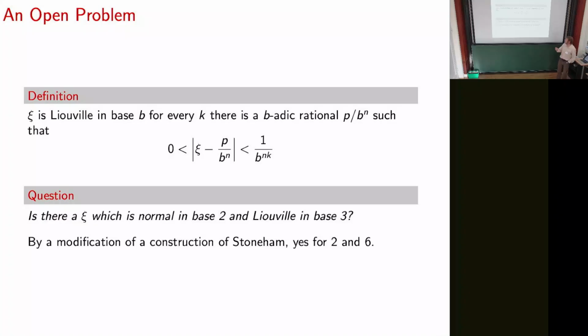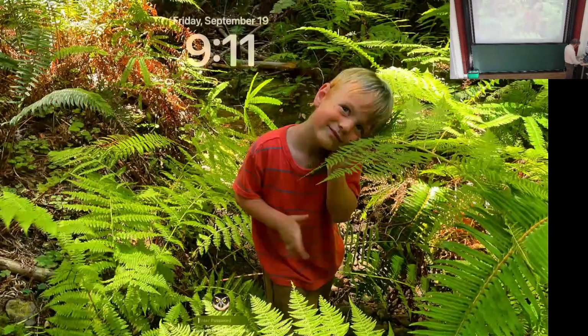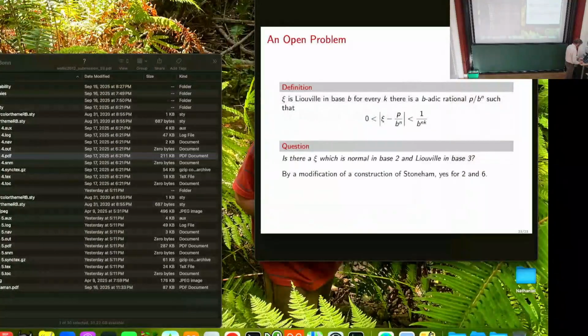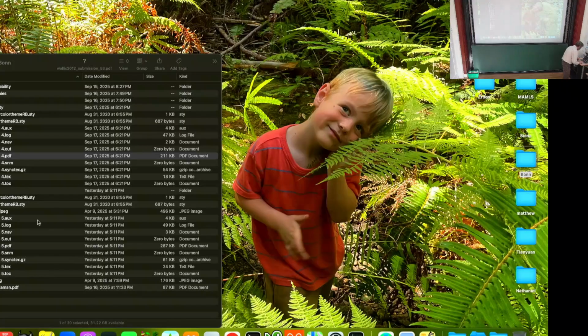But these Liouville numbers will return. Liouville hasn't finished yet. Liouville is coming back. Okay, so on to the next talk. But I promise you that you're going to see Liouville numbers again.